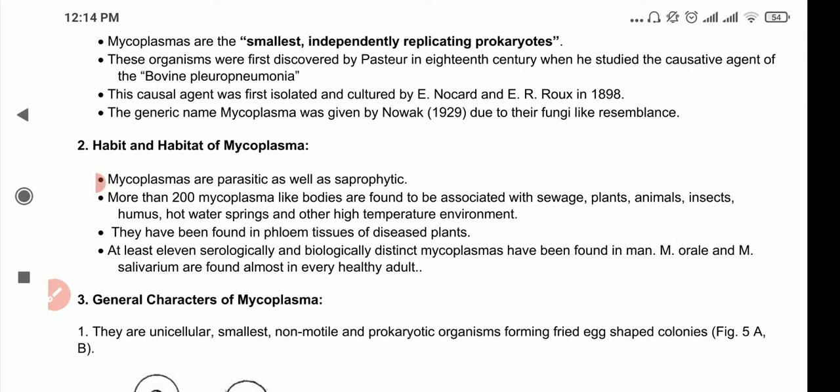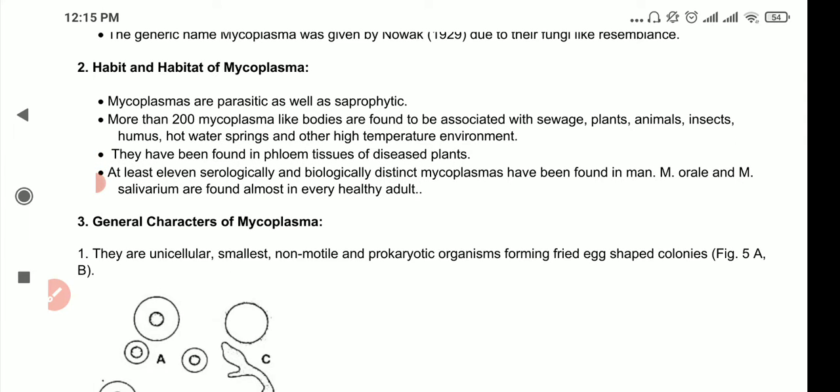Now they are parasitic as well as saprophytic. So they can live on decaying matter as well as on other organisms. There are more than 200 mycoplasma-like bodies associated with sewage, plants, animals, insects, hot water springs and other high temperature environments. They are found in the phloem tissues of diseased plants. So they can live in so many places.